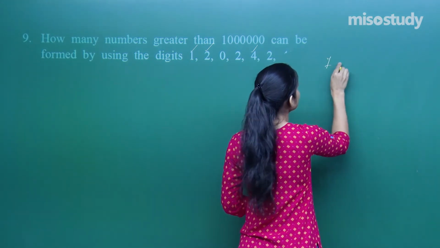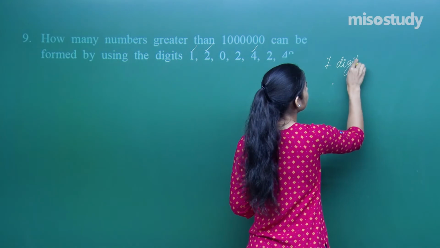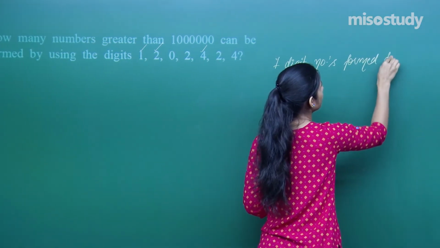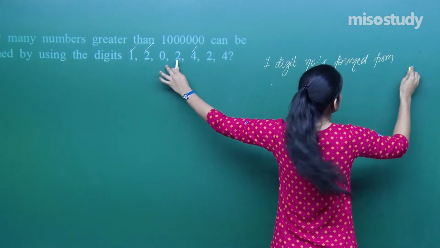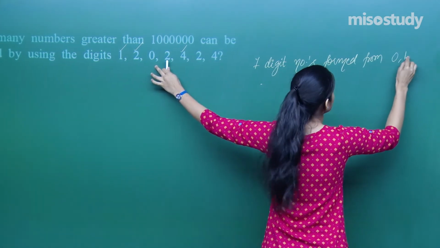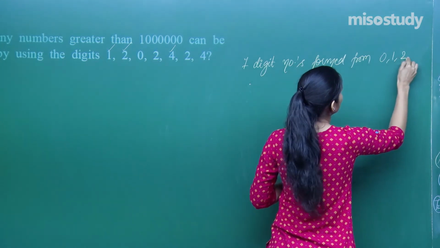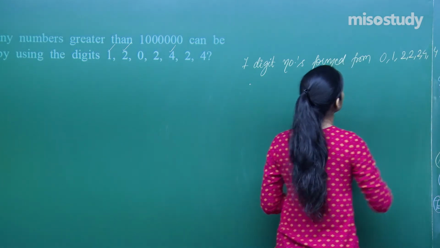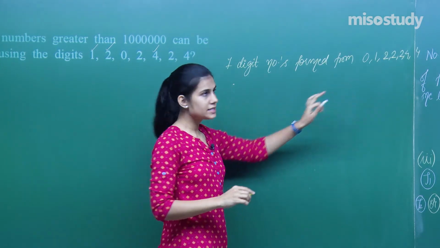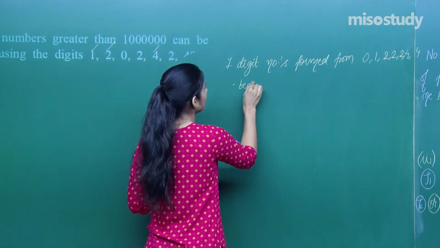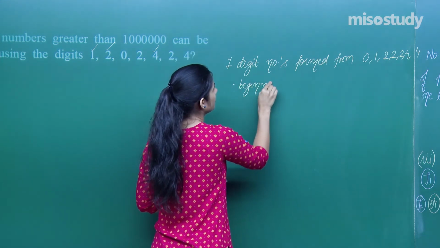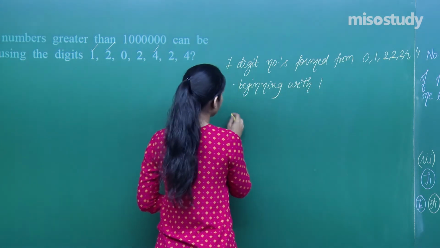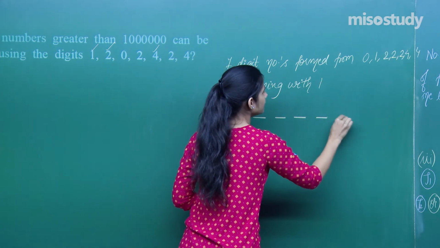So 7-digit numbers formed from 0, 1, 1, 2, 3 2s you have and 2 4s you have. 7-digit numbers formed from these 7 digits beginning with 1. That means 7 places you have.